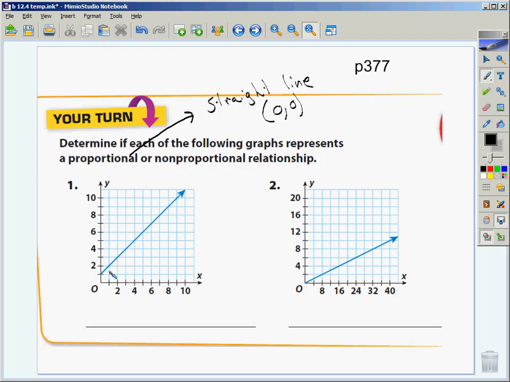So the first one would be non-proportional, and it would be non-proportional because it does not go through the origin. The second one would be proportional because it does go through the origin. So when you're looking at a graph, it's very easy to determine whether it's proportional or non-proportional.